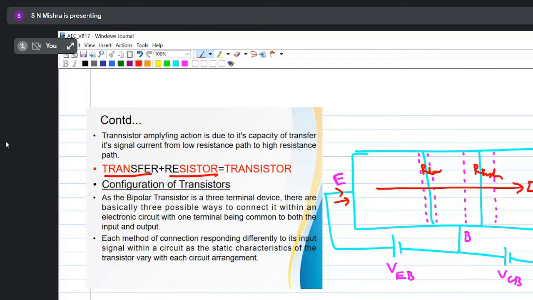Transfer means current is transferring from low resistance path to high resistance path. Taking some part of transfer and some part of resistor and combining them gives the term transistor. You can see here in red color I have marked transfer plus resistor. So trans from transfer, istor from resistor, so combiningly it is called transistor.